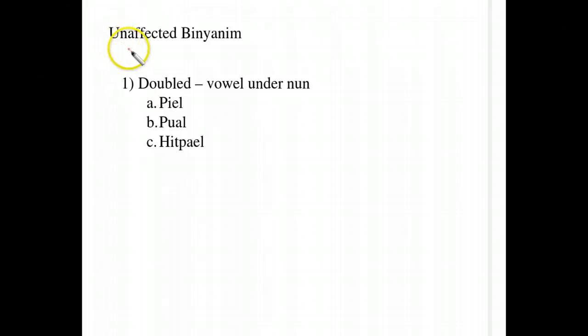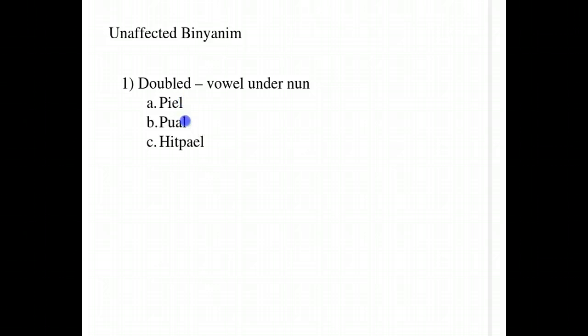First thing I need to mention when you take a look at the verb table, which you should all have a copy of, is that some of the binyanim are not affected at all. The doubled binyanim, the binyanim in which there is a dagesh in the second root letter, which are the pi'el, the pu'al, and the hitpa'el.